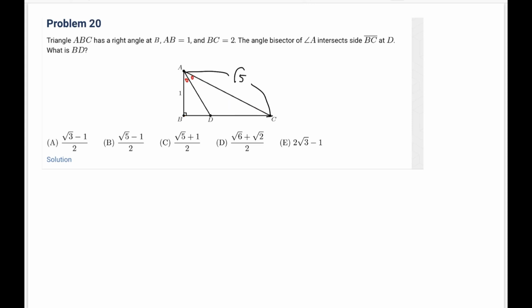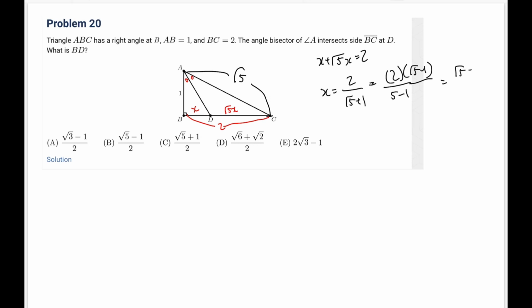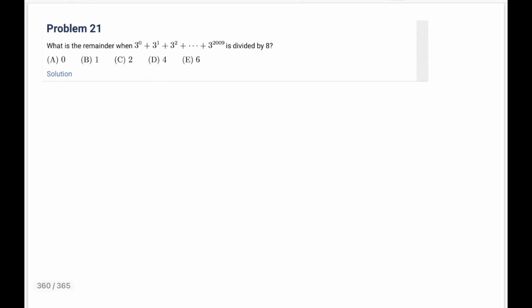So BD will be x, and DC will be root 5 x, but the whole thing is 2. So x plus root 5 x equals 2. x equals 2 over root 5 plus 1, which equals 2 over root 5 plus 1 times root 5 minus 1 over root 5 minus 1. So this will be root 5 minus 1 over 2. So it's B.